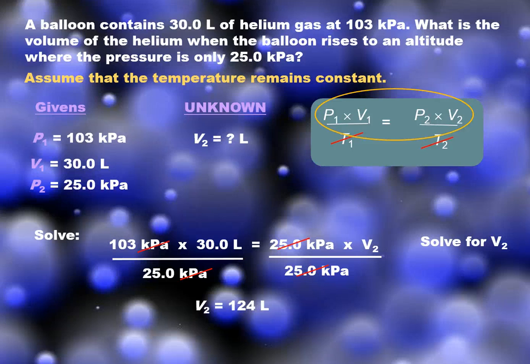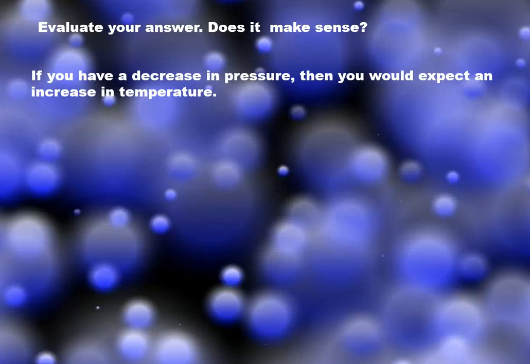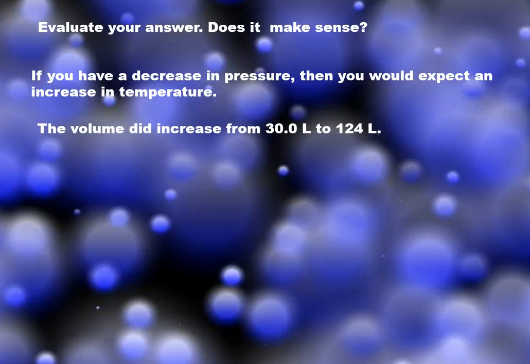And V2 is equal to 124 liters, so we want 3 significant figures as we determine from the givens in our problem. Okay, let's take a look at another one. Well, before that, let's evaluate our answer. Does it make sense? If you have a decrease in pressure, then you would expect an increase in the volume, and that's what we saw. The volume did increase from 30 to 124 liters.